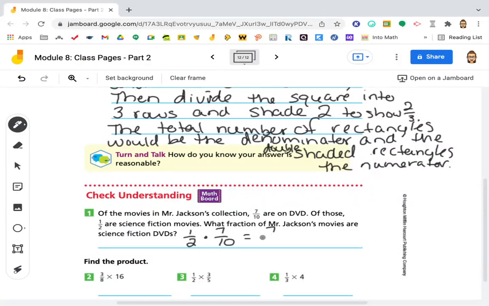So 1 times 7 is 7. 2 times 10 is 20. So we get 7/20 are science fiction DVDs.